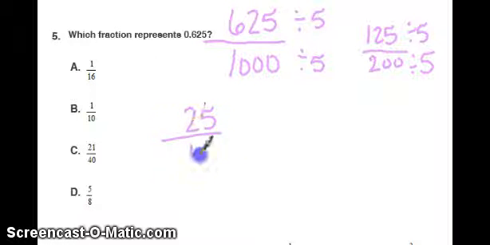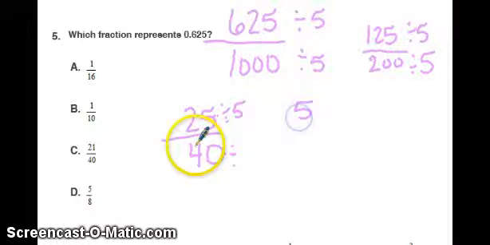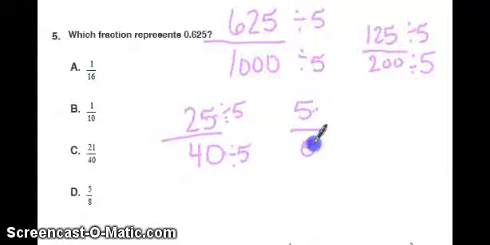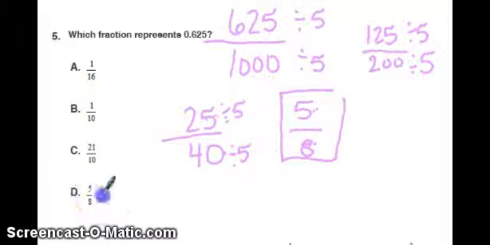Yeah, I'm right. I can see that, again, I can take out a common factor of 5. So 25 divided by 5 is 5, and 40 divided by 5 is 8. Now, 5 and 8, this is prime, this is not. It has factors of 2 times 2 times 2, or 4 times 2, or 2 times 4. But it does not have any factors in common with 5. So in simplest form, my answer is 5/8.